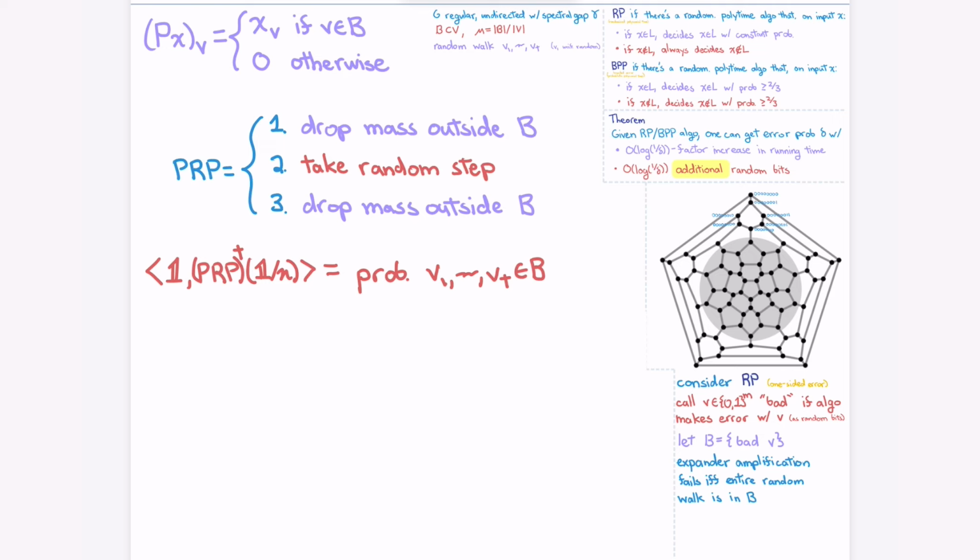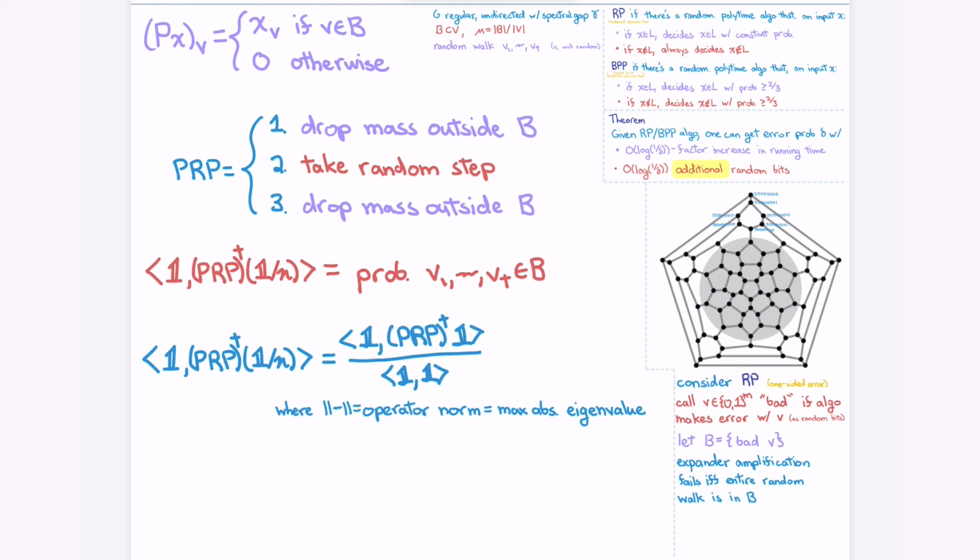So this maybe partly answers your question, why we're doing this. If we look at this, we can write it out like this. n is just all ones times all ones because we have one for every vertex.